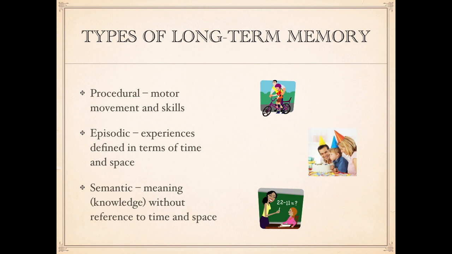For example, you may remember that you learned what 22 minus 11 equals, but you probably don't remember where you learned that information exactly. This goes for any kind of information that you learn in any school subject area like history, science, or literature. Even the information you are learning now is considered to be semantic long-term memories.